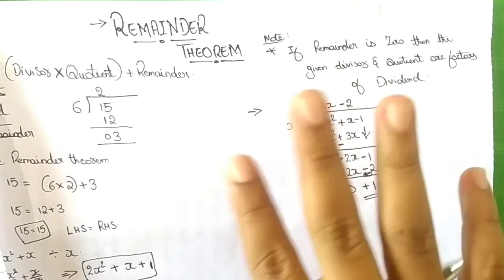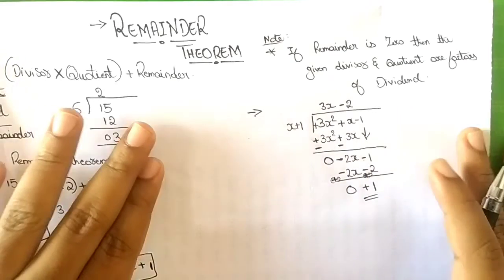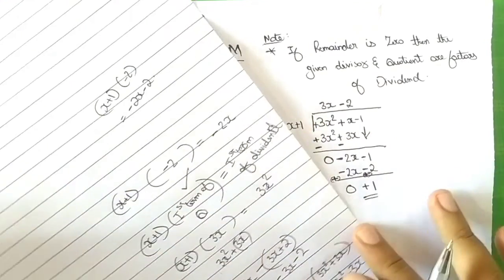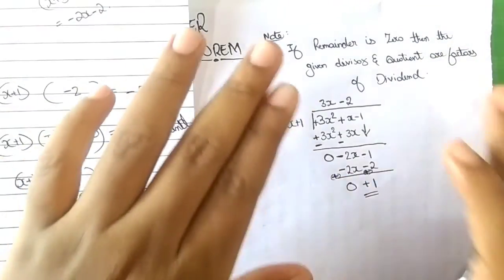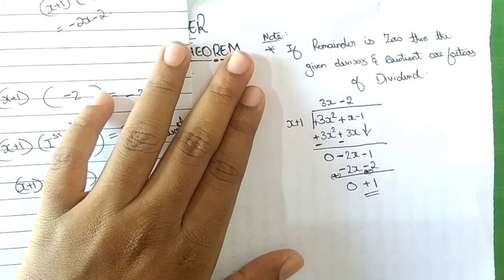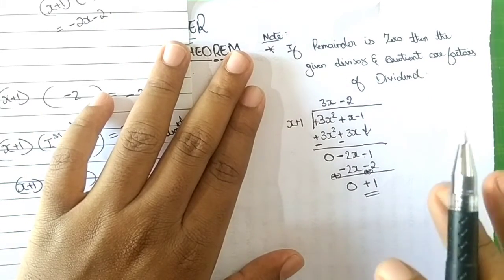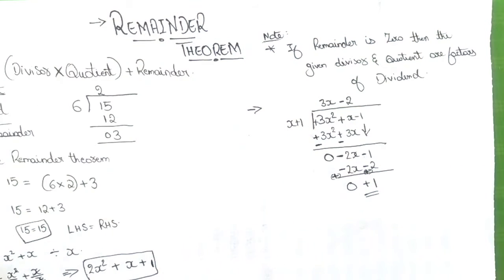This process is given in 6 steps in your textbook, and I hope this helps you a lot. I told all those 6 steps in this rough part.